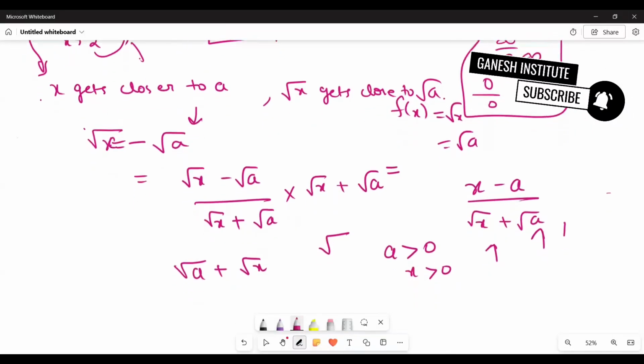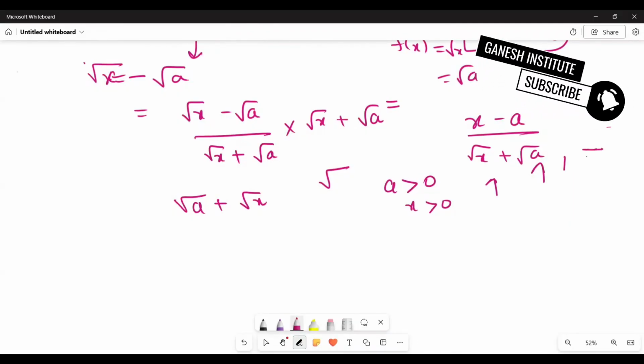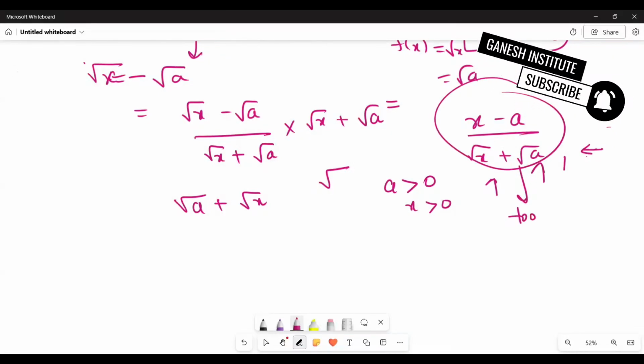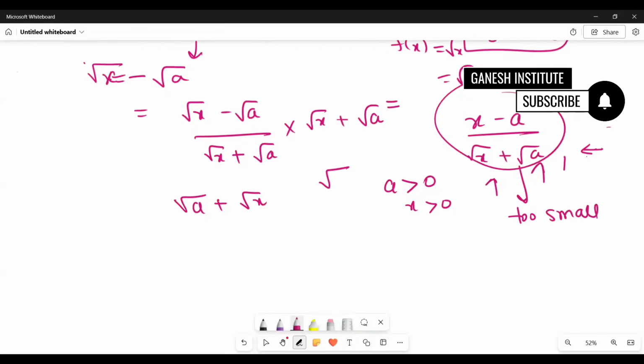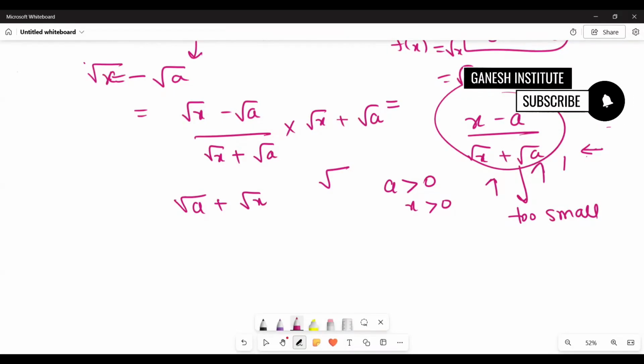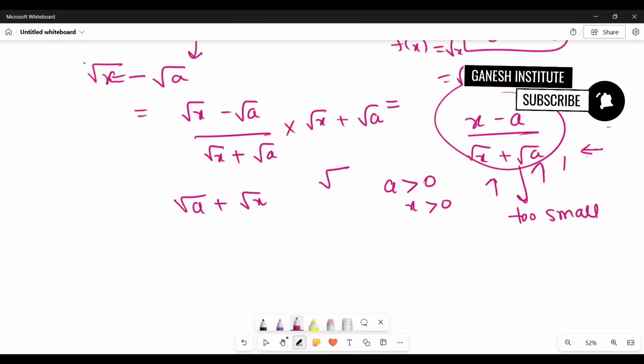Is this fine? If a is more than 0 and x is more than 0, then the denominator value will be too large and the whole fraction will be too small, so again it could go to 0. Yeah, but there's a possibility that x is really, really big and a is like 1.